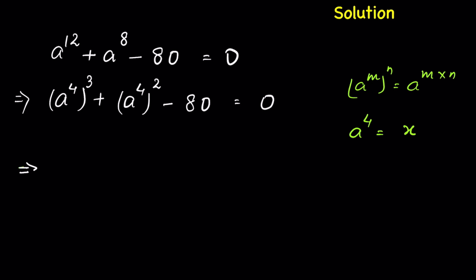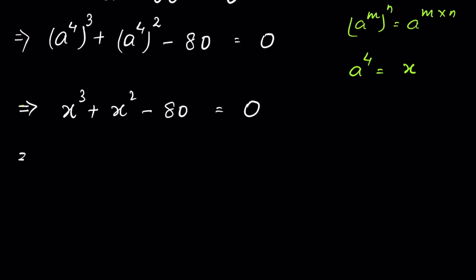Then we have x cube plus x square minus 80 is equal to 0, or x cube plus x square, minus 80 we can write it as minus 64 minus 16 is equal to 0.